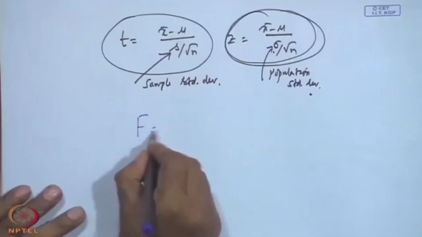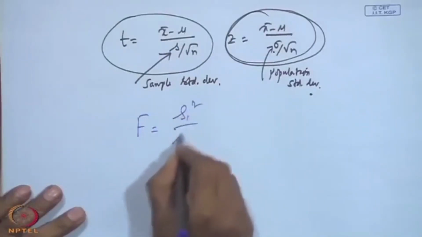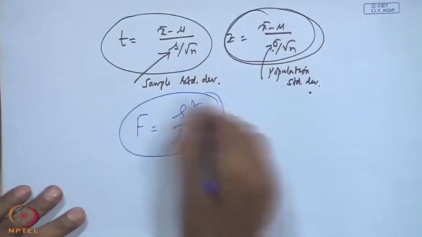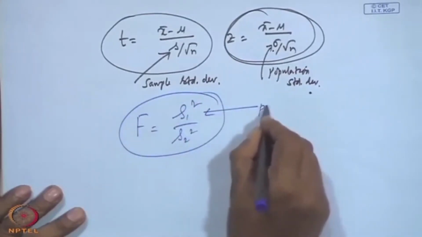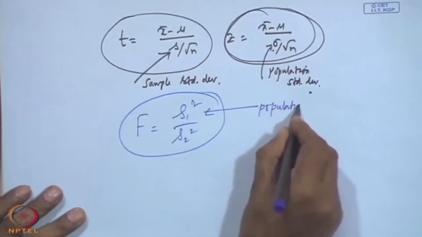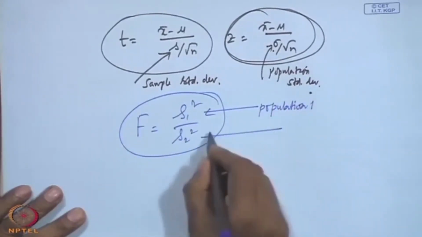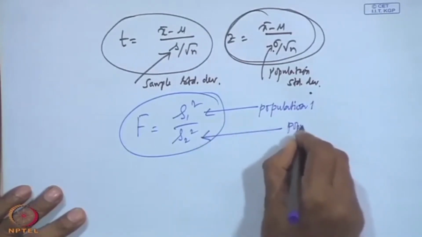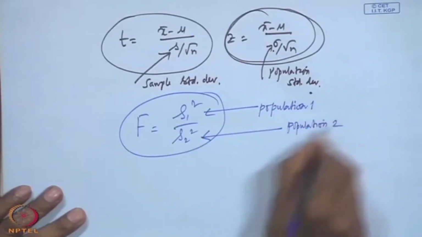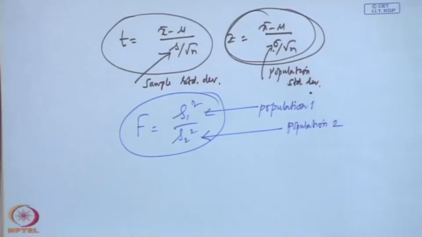That means you are creating a variable S1 square by S2 square, where S1 square comes from population 1 and S2 square from population 2. Whether the two populations have the same variance or not, in many models we assume that the population variances are equal.